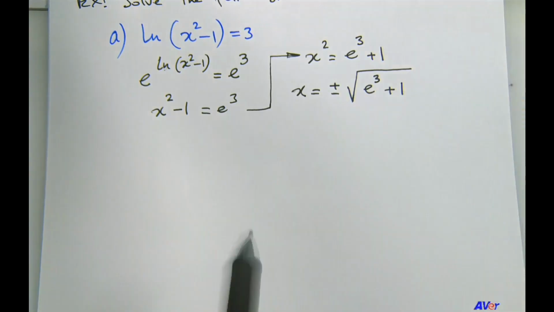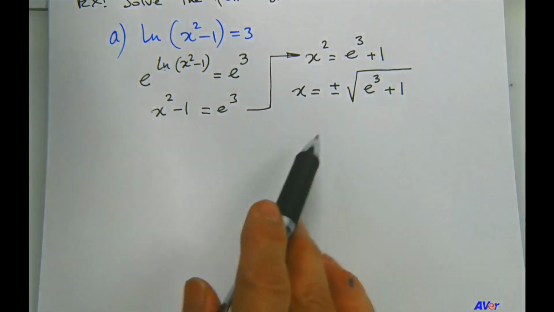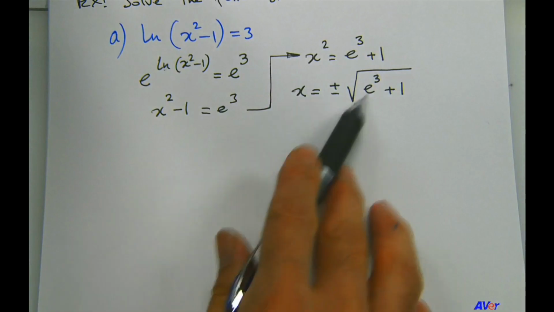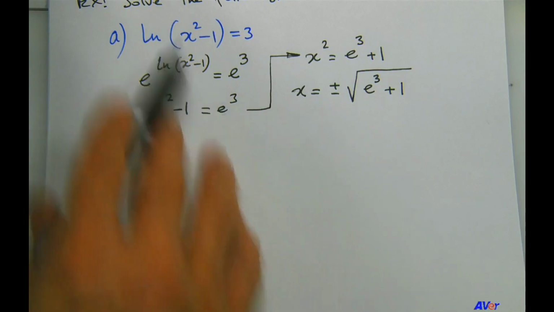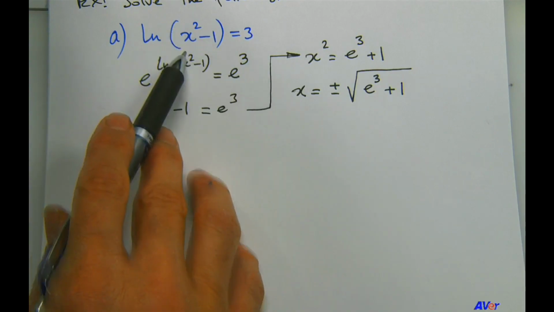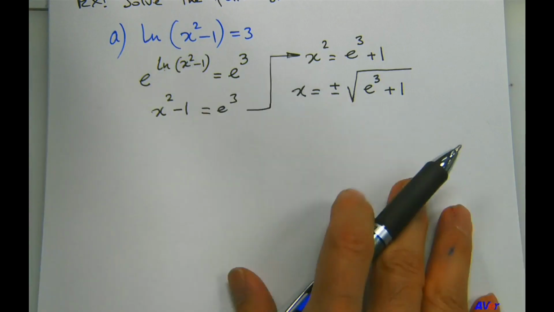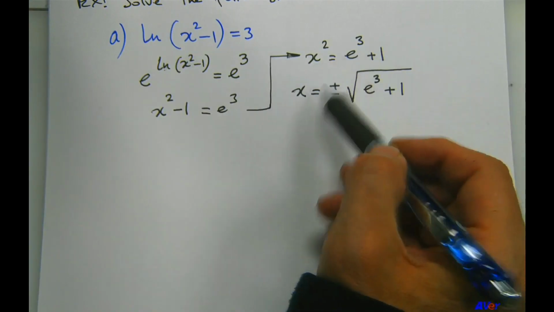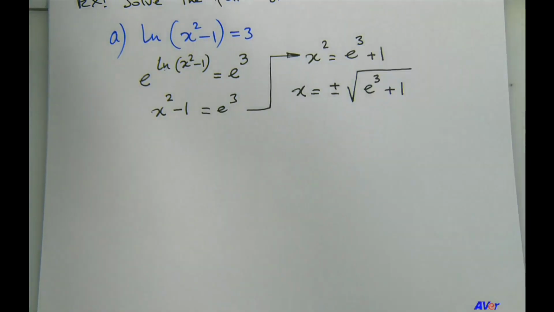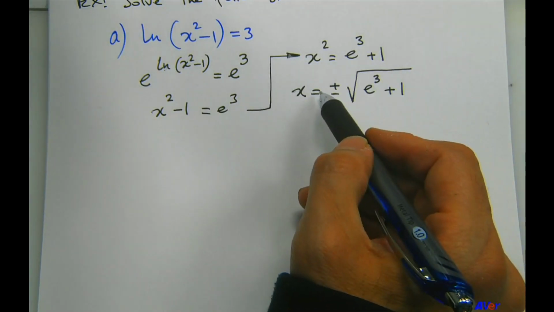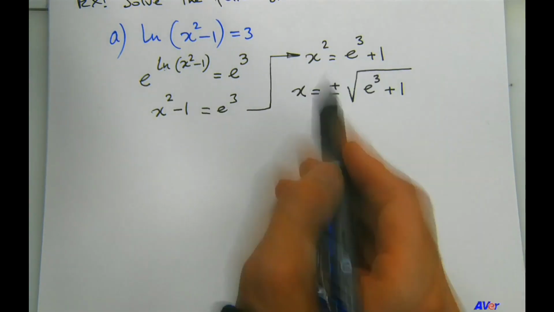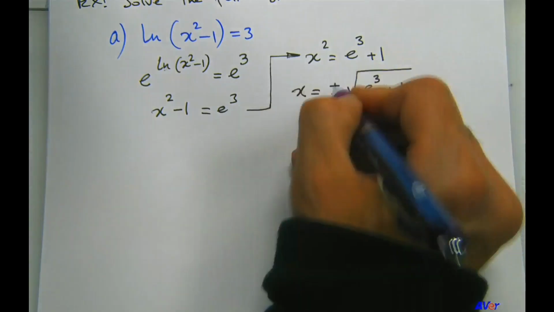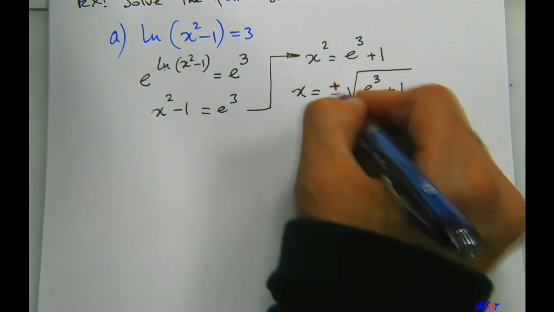So x equals that. This is because by the square root property, which again we learned about back in college algebra and pre-calculus, taking the square root of both sides we get plus or minus.